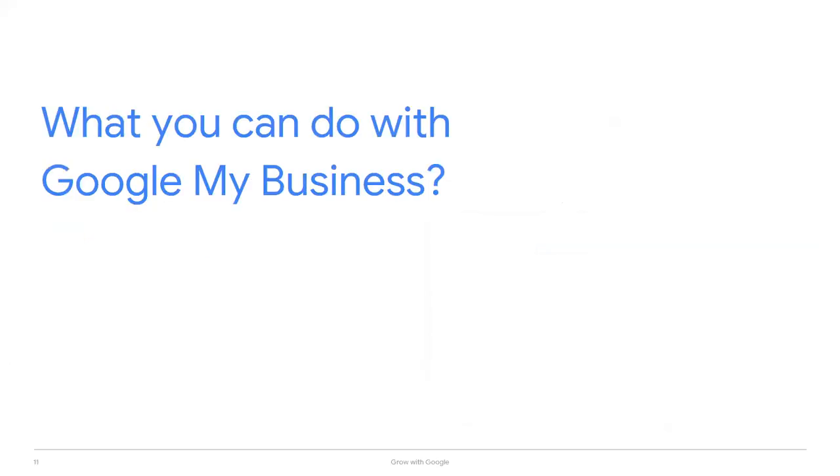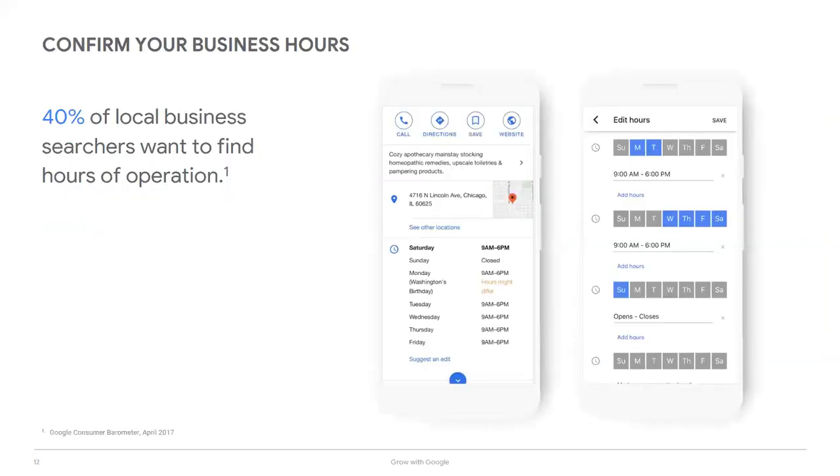So what can you do with Google My Business? You can edit the hours of operation and the days that you work on the dashboard or in the app.